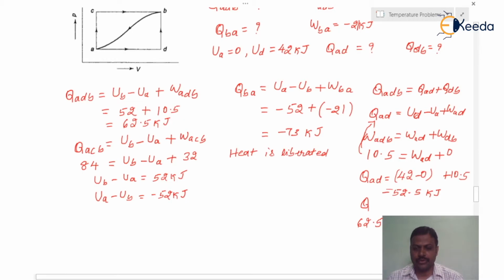So QDB is 10 kilojoules. So that is about this problem.